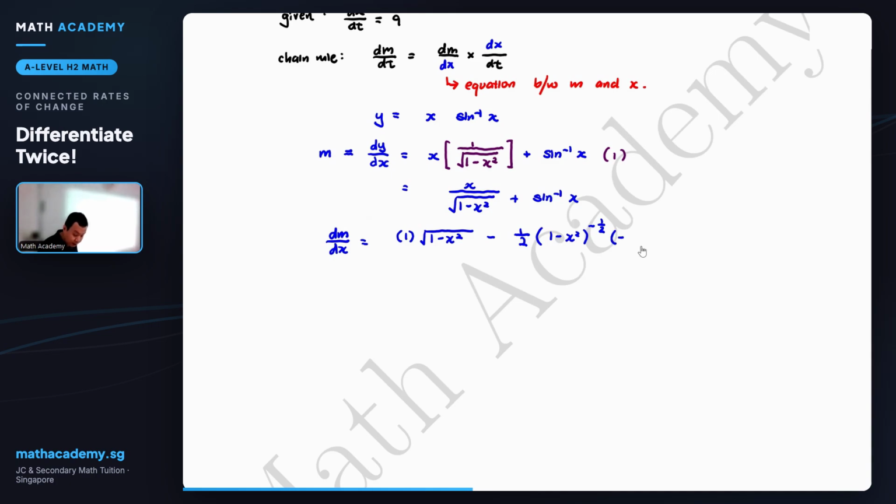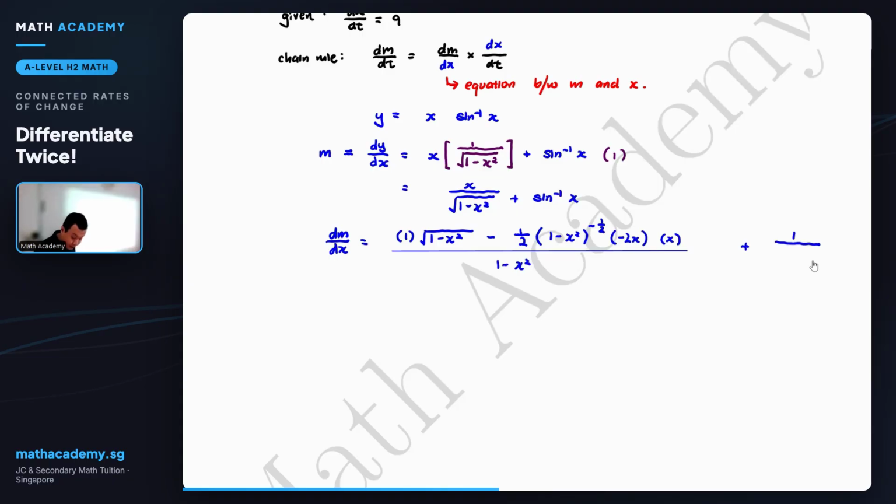Differentiate within the bracket, I get a negative 2x. This is only differentiating the bottom. Must remember to keep the top. So there's another x. Okay, over denominator square. Complicated looking, but I still need to differentiate the sine inverse.